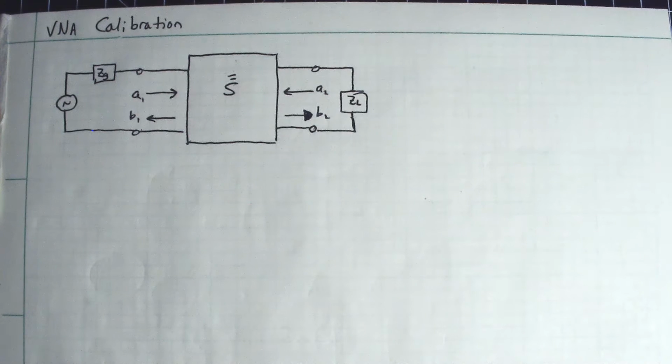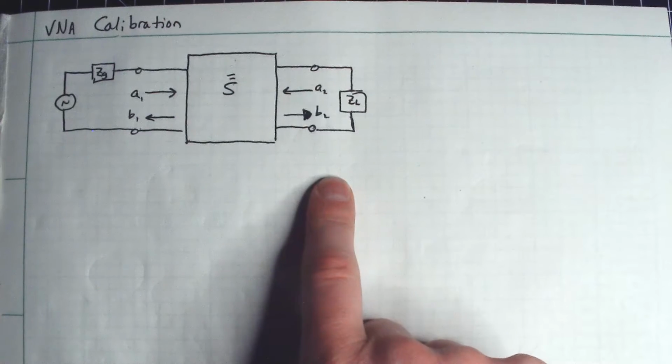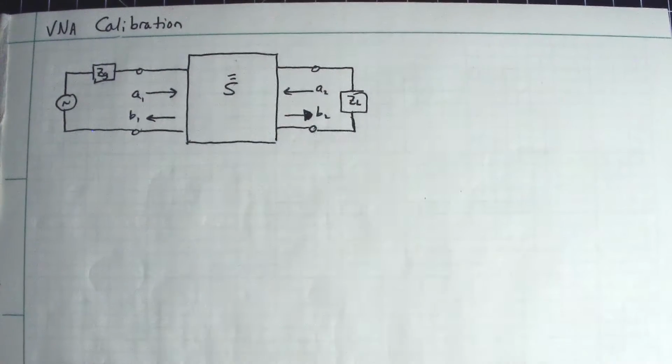Okay, now that we are all familiar with the basic manipulation rules for a signal flow graph, let's see if we can use that to derive a sort of correction equation for a VNA measurement. So you notice here, I've got the basic abstract representation for what a vector network analyzer is trying to do.